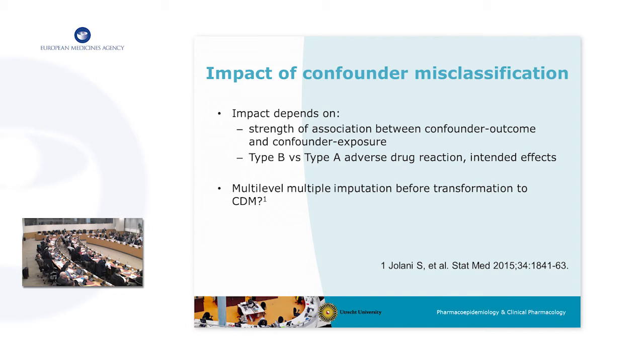So if we're looking into type B adverse effects that are unpredictable, such as allergic reactions, then confounding in itself does not play such a big role compared to when we study type A adverse drug reactions, which can be explained by the mechanism of action of the drug, or if we look into intended effects, so looking into comparative effectiveness, for instance, then confounding is much more an issue, and then we need to worry much more about misclassification.